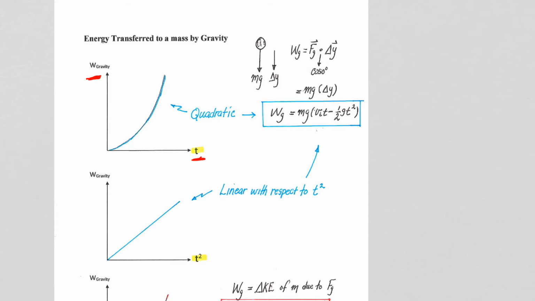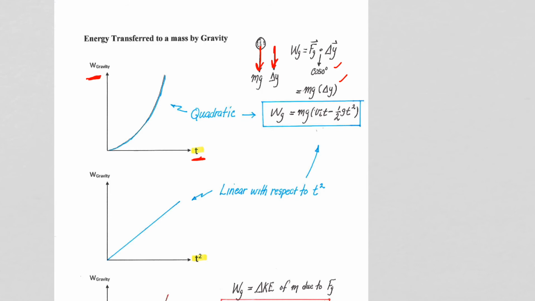What is going on is that the object is in free fall, so the only force acting on it is gravity, mg down. And the delta y, it's in free fall going down, so free fall could be going up, but in this case we're saying falling. So we get cosine of 0, we get mg delta y.